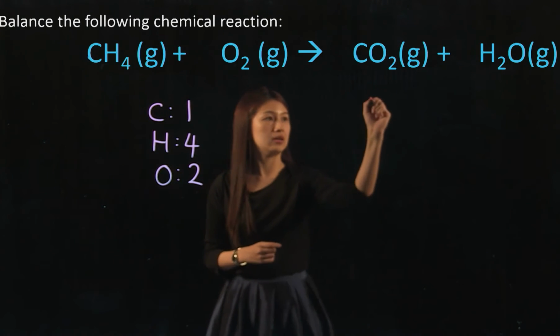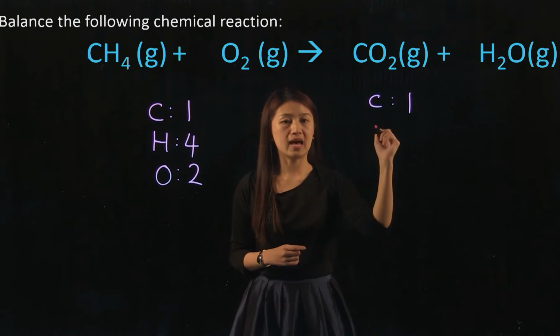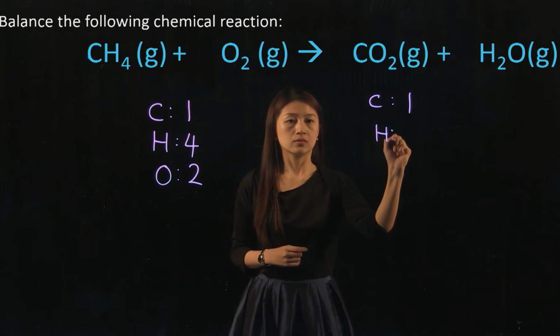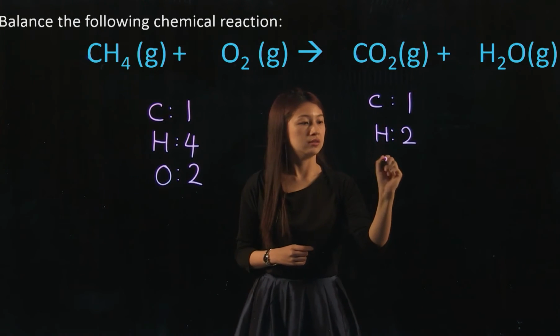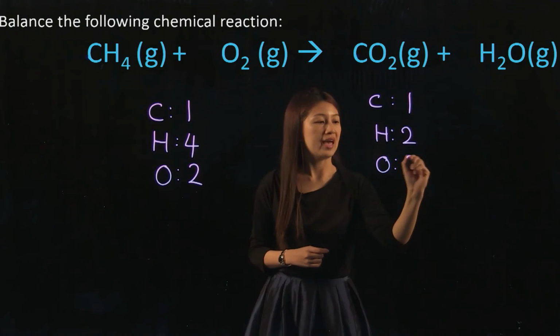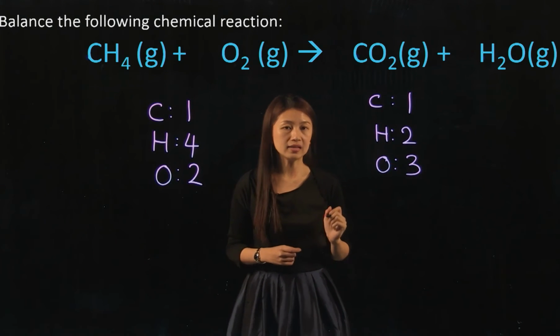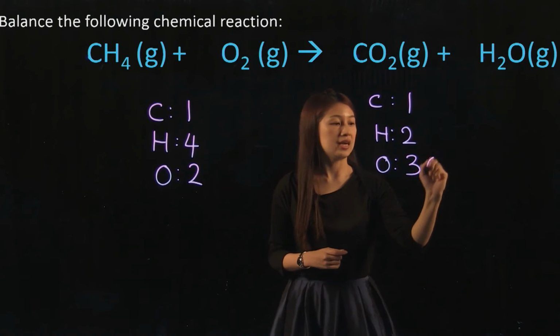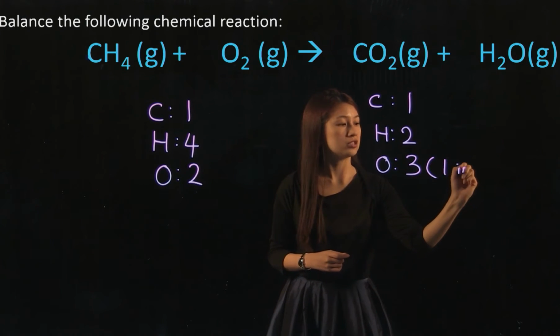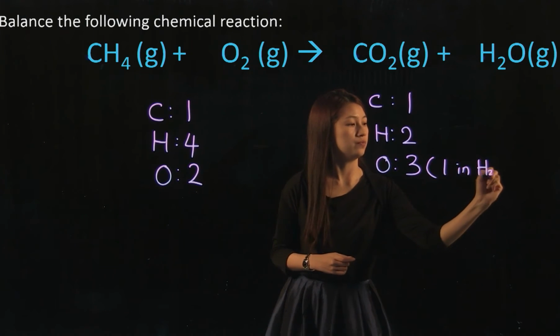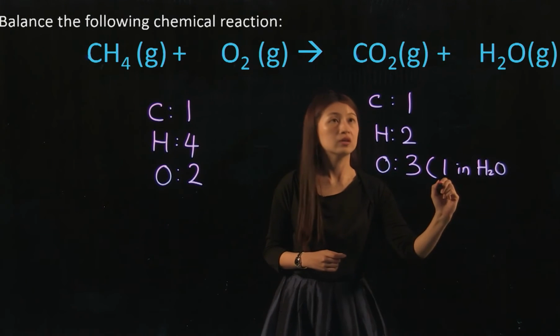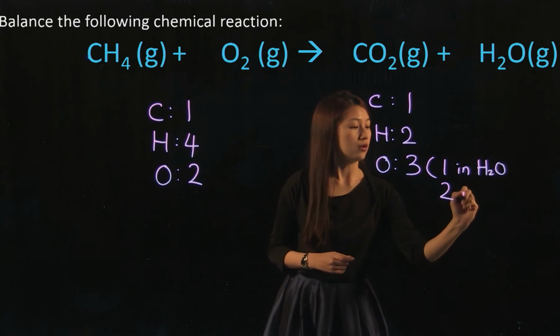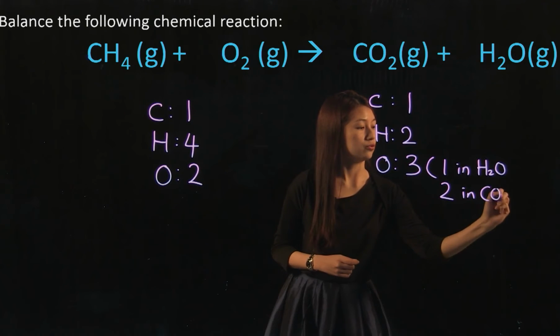On the product side, we have 1 carbon, 2 hydrogen, and in total 3 oxygen atoms. We have 1 oxygen atom in H2O and 2 oxygen atoms in CO2.